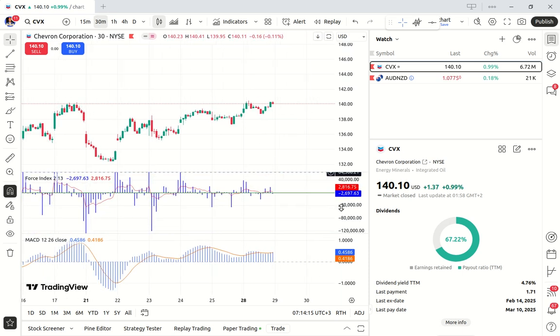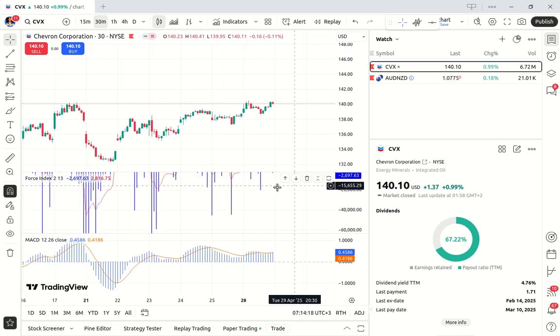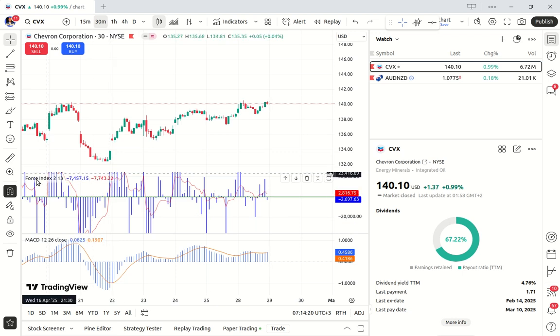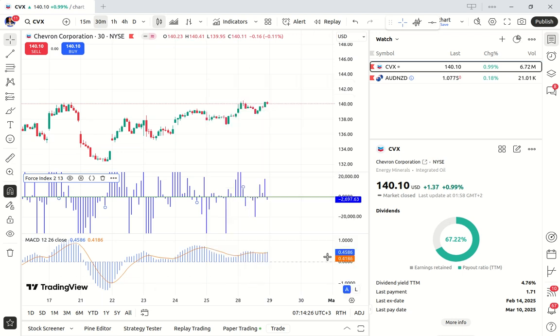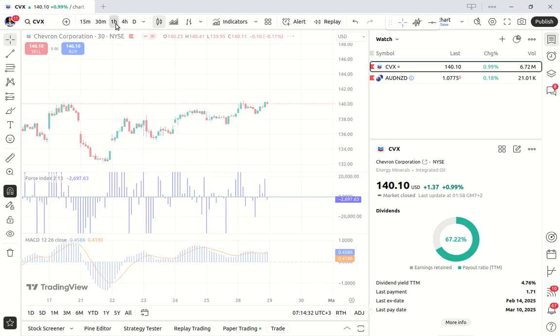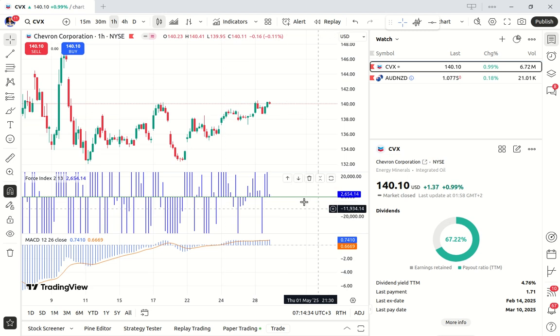As you can see here, we have an entry. We don't need this funny red line, okay? So it has an entry right here on the 30-minute chart, which means we'll be risking about 2%. But as you can see here on the MACD, it is above the orange line.